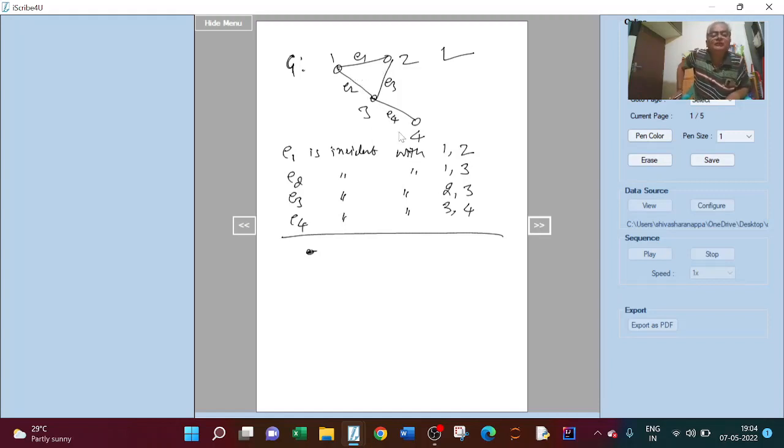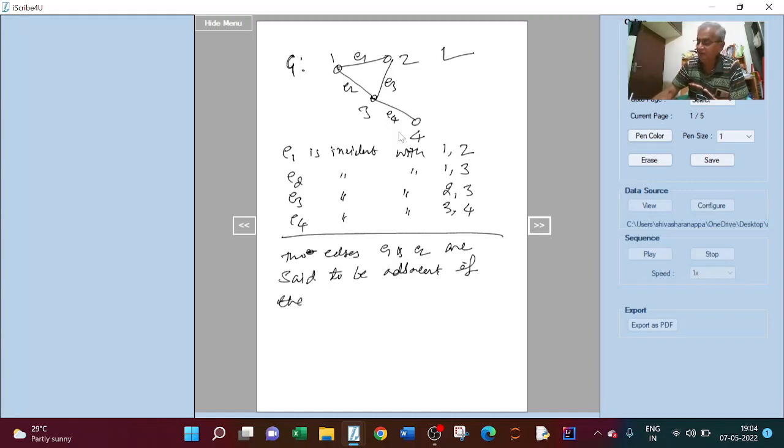So we define: two edges, say E1 and E2, are said to be adjacent if there is a vertex common to E1 and E2.